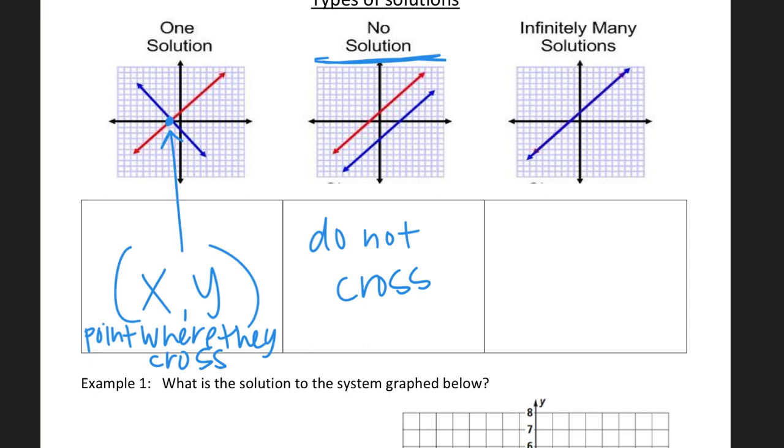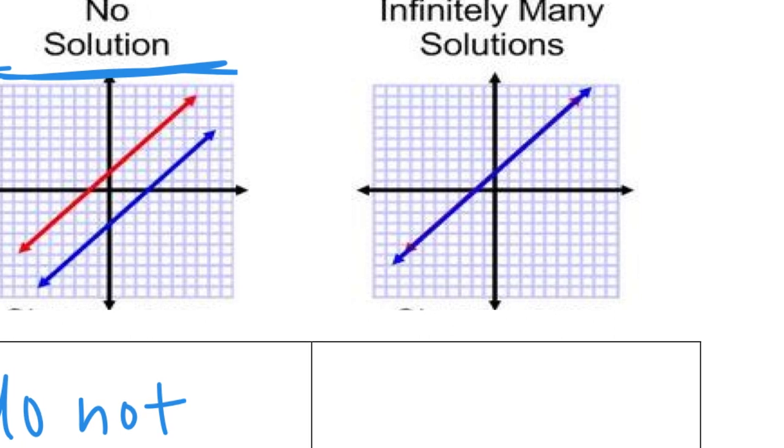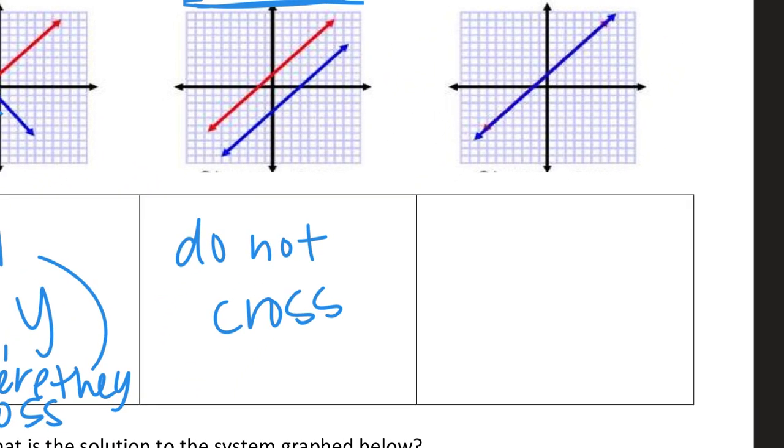Now this last picture is kind of weird to look at. If you look very closely, there's a blue line on mine, and then underneath it, there was another line. Those two lines are one on top of the other. One line on top of the other line.